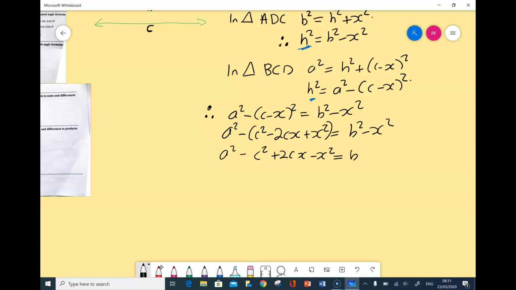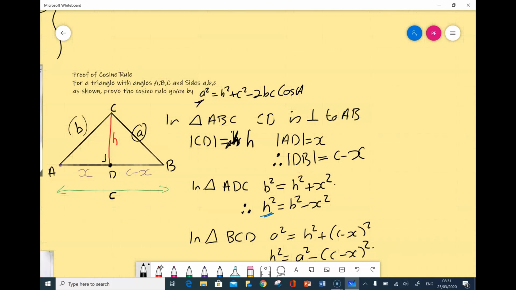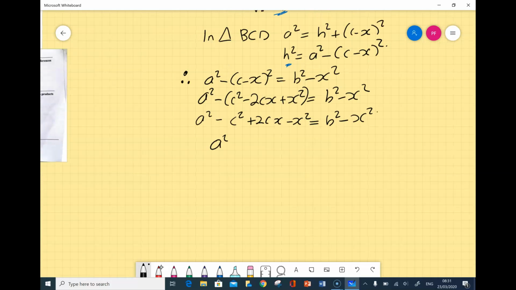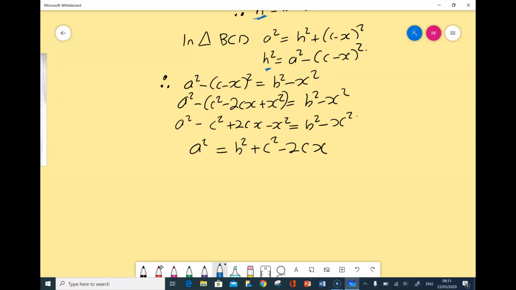You can see we're starting to get something that looks like the cosine formula. We want a squared on its own, so bring everything else over to the right: a squared equals b squared plus c squared minus 2cx. The minus x squared cancels with the minus x squared on the other side. We're nearly there.